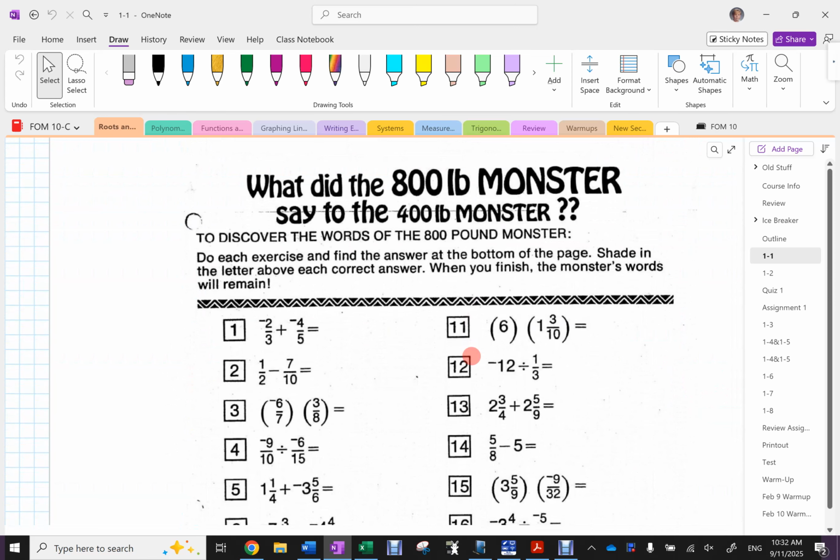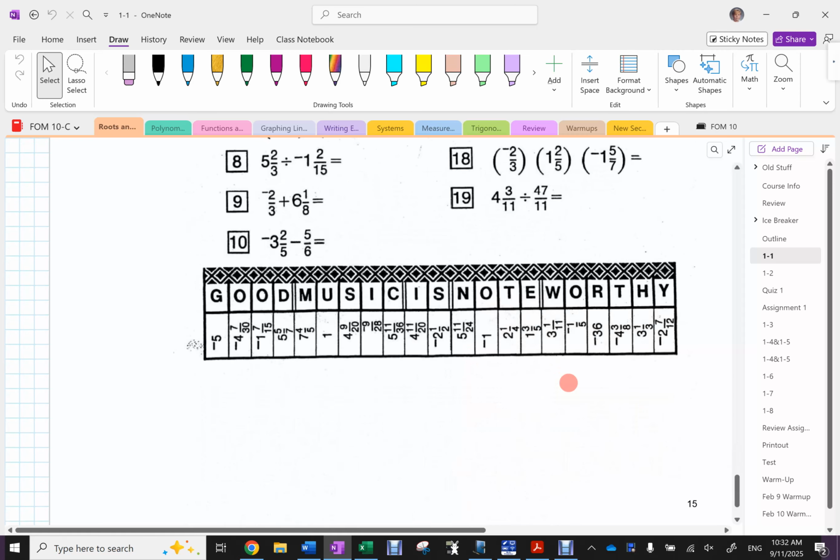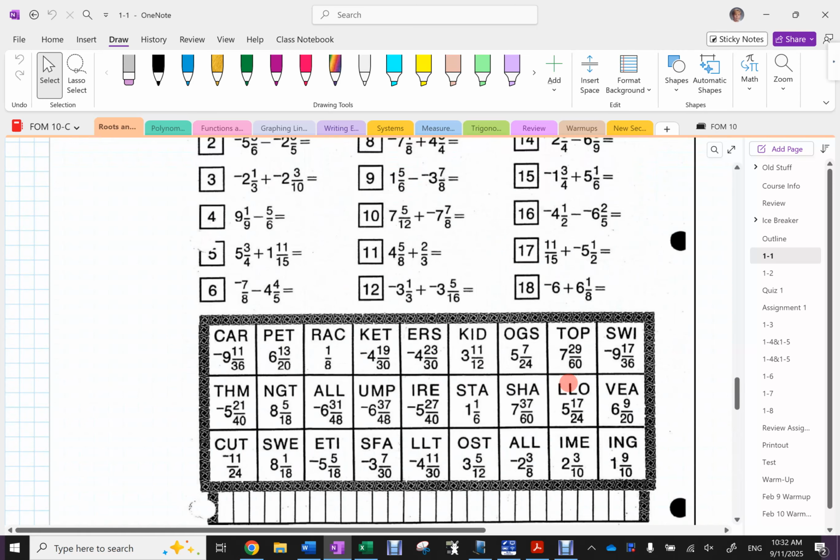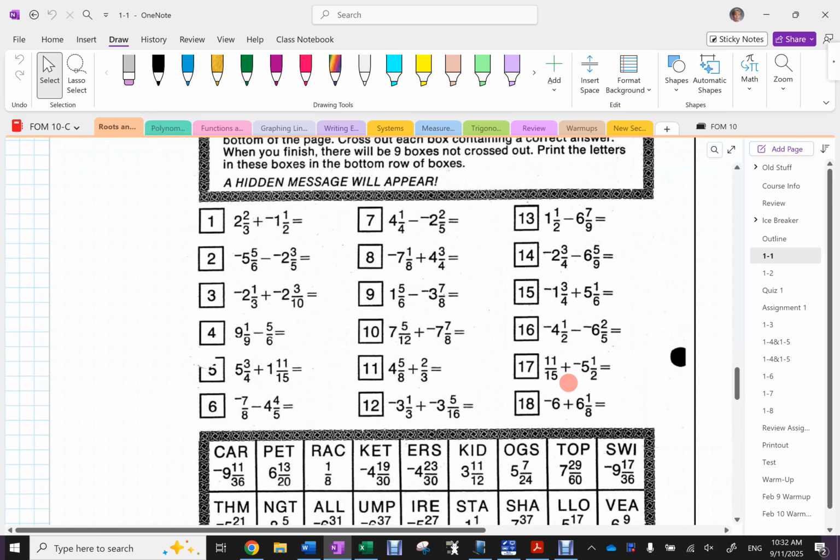Now, I am going to ask, it's 10:32, when does this class end? 10:55. I am not going to be able to get through my first lesson on exponents in 23 minutes. So you are going to work on these two. Sure, you're good with adding and subtracting fractions.